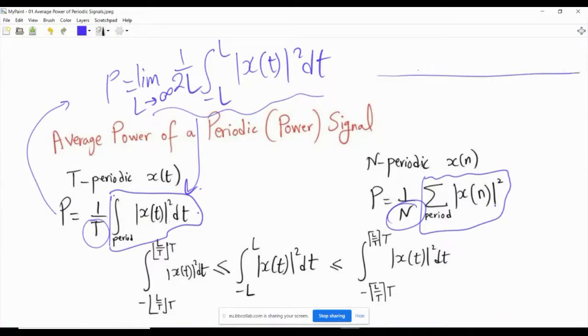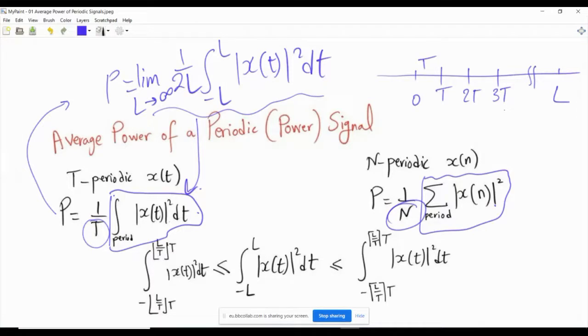You want to compute the integral from minus L to L, so let's focus on 0 to L. So you are integrating the signal from 0 to L. What you can do is divide your integration into periods, right? So this is 0 to T, and then 2T, and then 3T, and so on and so forth.